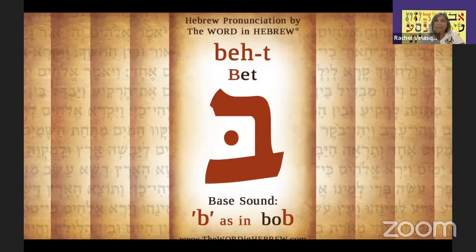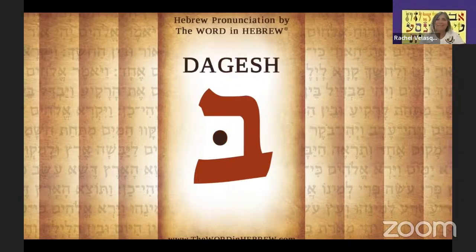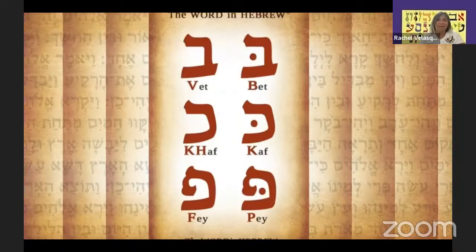Bet. The base sound is B, as in Bob. You see that little dot in the middle, like I was talking about? That is a dagesh. The dagesh is giving it a specific sound, as in the letter B, bet. Here are a few examples of a dagesh in the letter, making it a different sound.